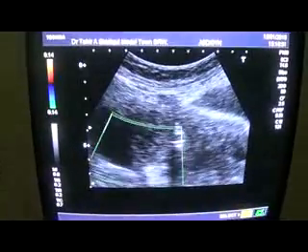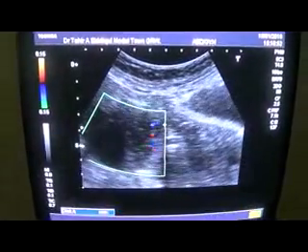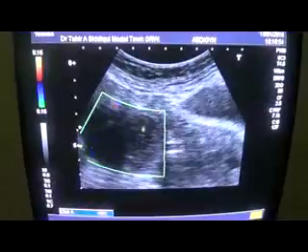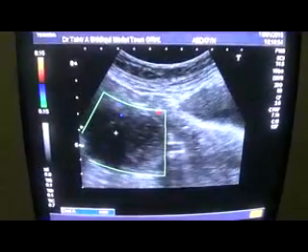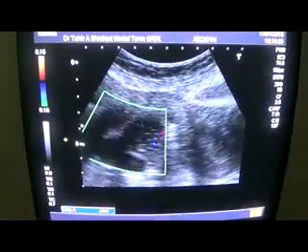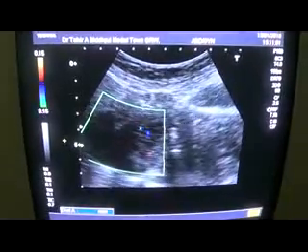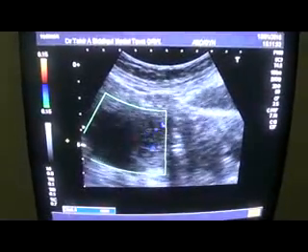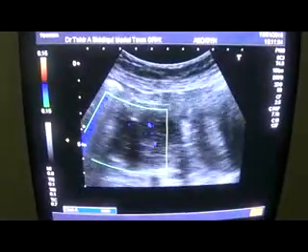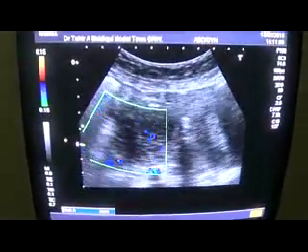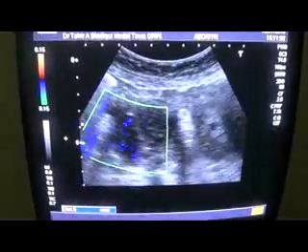You see, these are the echoes. This is the fluid within the cyst. There is a blood vessel supply seen, vessels are seen within it. So it is vascular, as you can see.